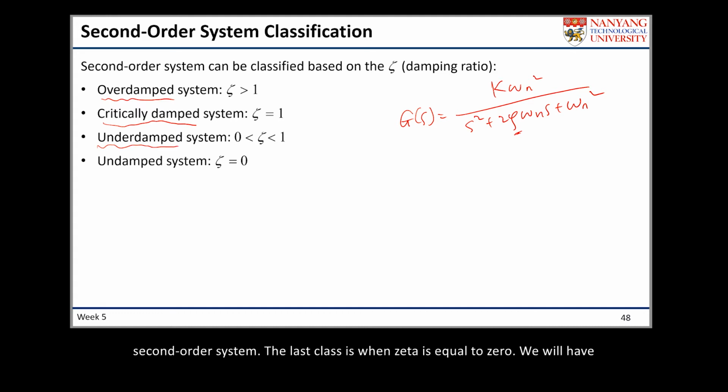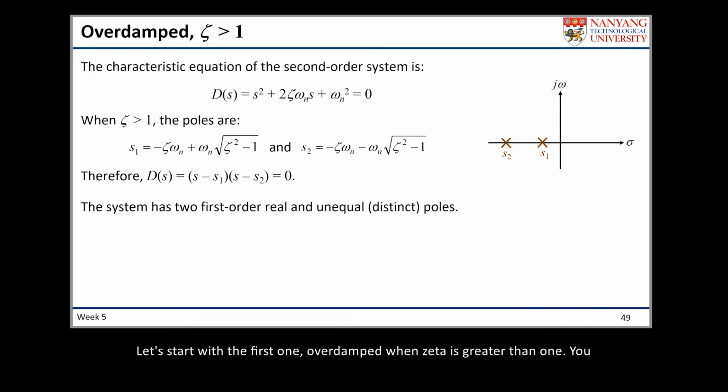The last class is when zeta is equal to 0, and we have an undamped system. So overdamped when zeta is greater than 1, critically damped when zeta is equal to 1, underdamped when it is between 0 and 1, and undamped when zeta is equal to 0. Let's start with the first one, overdamped, when zeta is greater than 1.